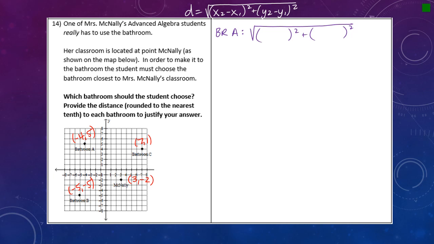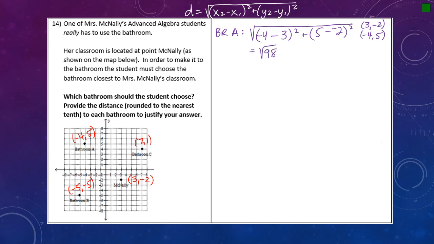Every one of these distance formulas will use point McNally, and then I have to use point A, or bathroom A, which is -4, 5. So those are going to be the points I'm going to plug into this distance formula. So I would have -4 minus 3 and 5 minus -2. And when you plug all of that in, you end up getting the square root of 98.